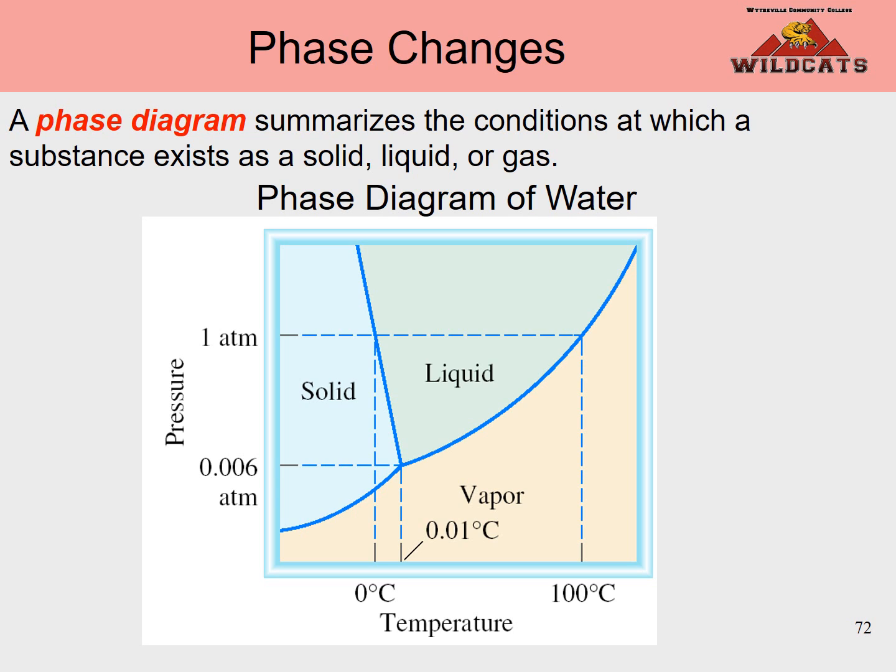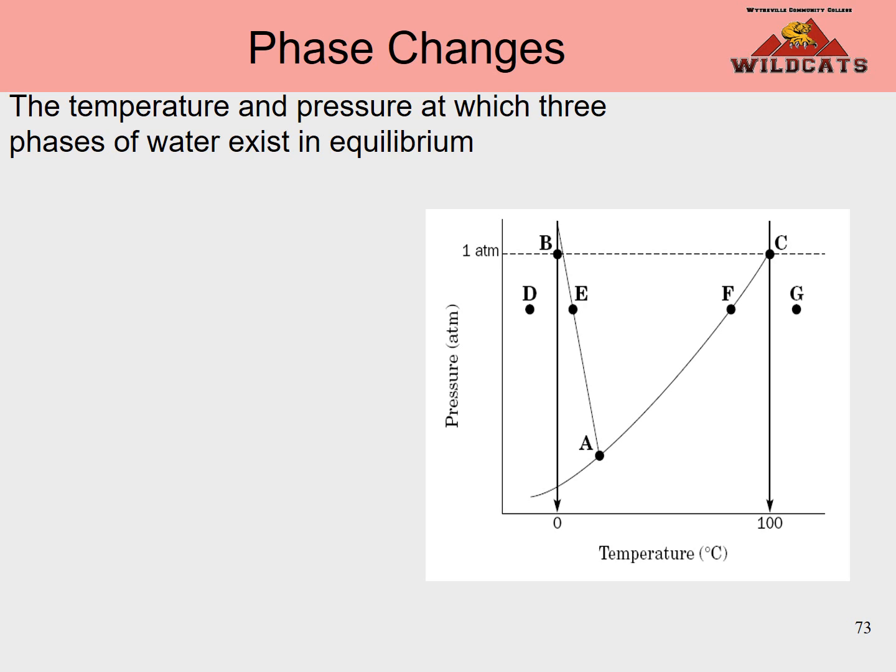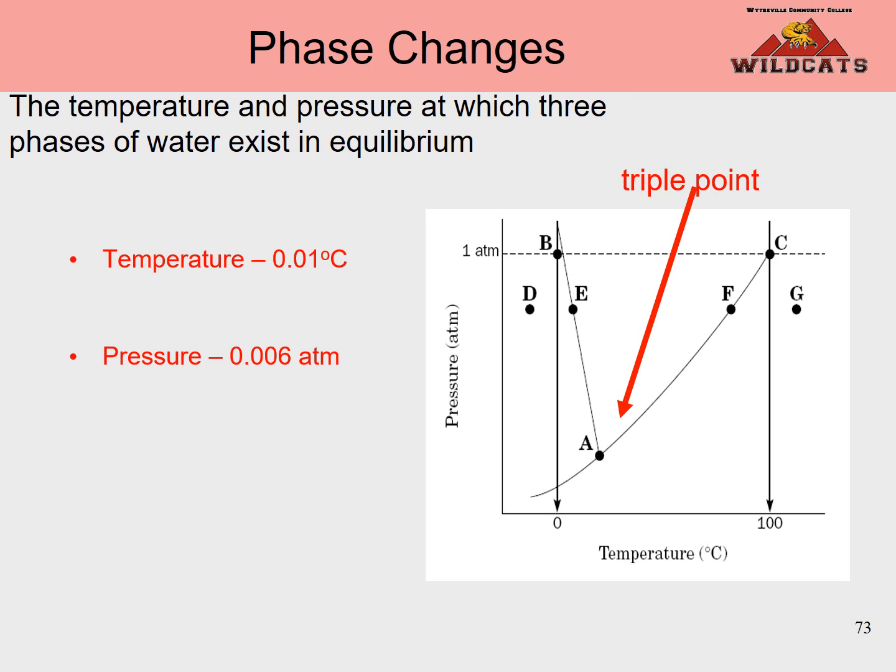If you notice, as we go from left to right, we go from solid, liquid to vapor or gas. The temperature and pressure at which three phases of water exist in equilibrium is called the triple point. The temperature is about 0.01 degrees Celsius and about 0.006 atmospheres of pressure.